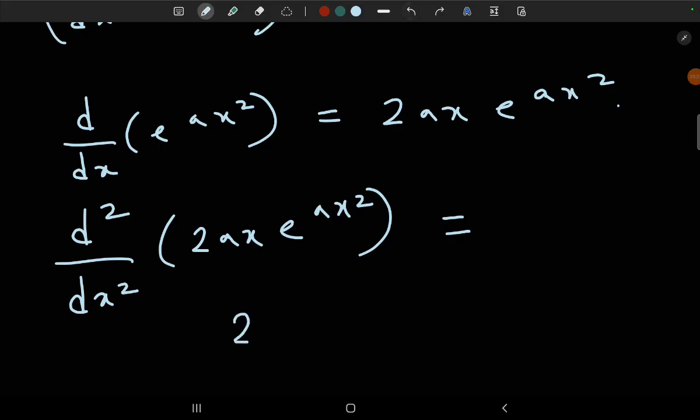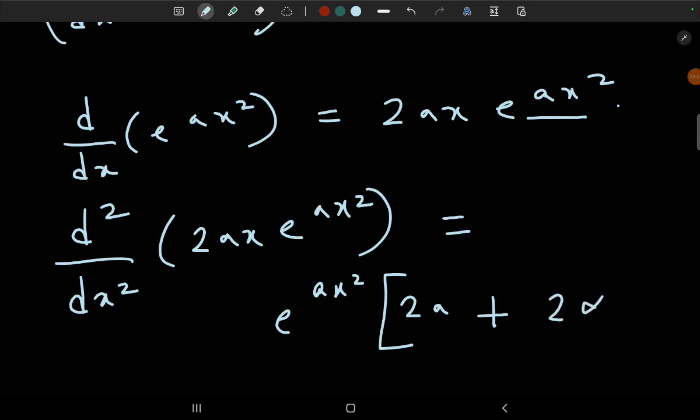Actually, exponential functions give us a very easy way to compute the derivative. We have e to the power ax², so write the exponential part first, and then apply the chain rule. We have the product rule, so this is the u part. First take its derivative, this is actually 2a, and then take this derivative, and this is actually 2ax, right?